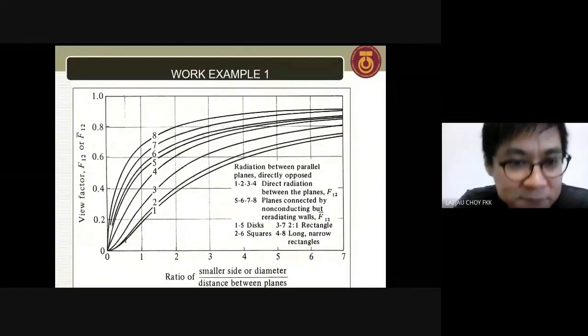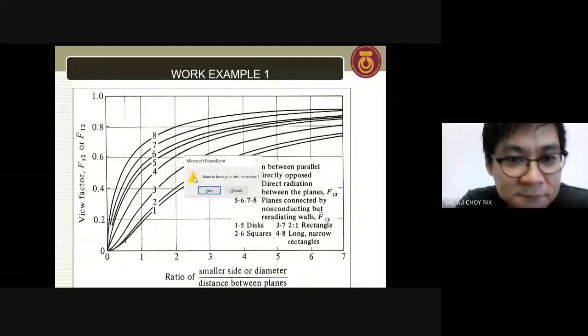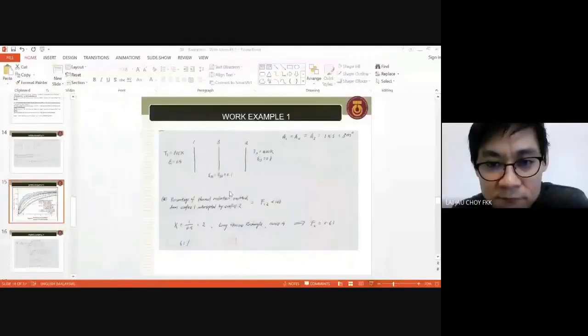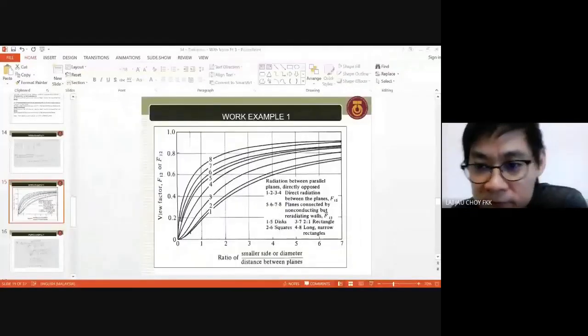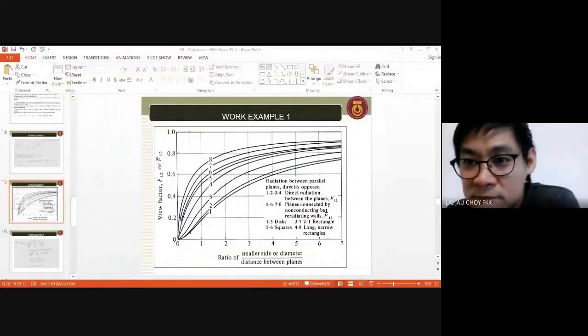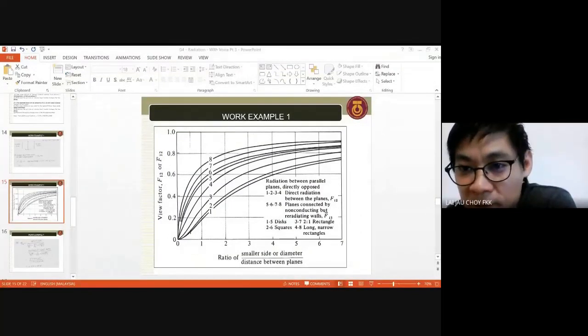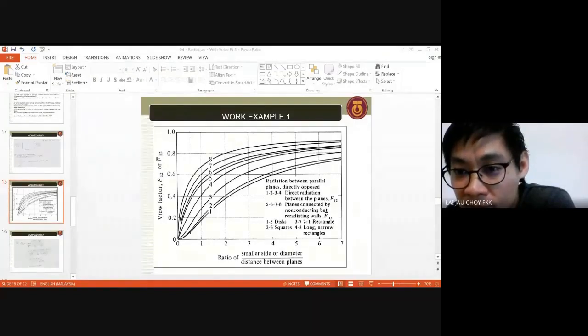Okay, I want you to type your answer there. Four also. Still curve 4.